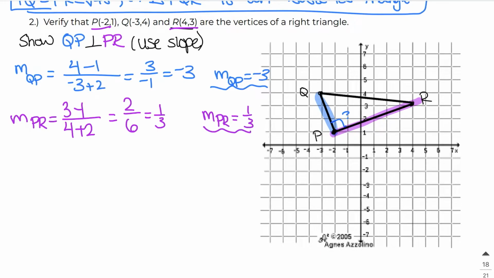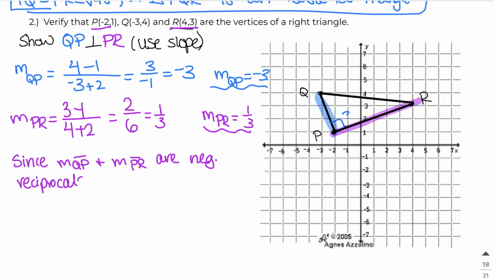So we can say here, since the slope of QP and the slope of PR are negative reciprocals, QP is perpendicular to PR, making angle P, this one right here, a right angle.